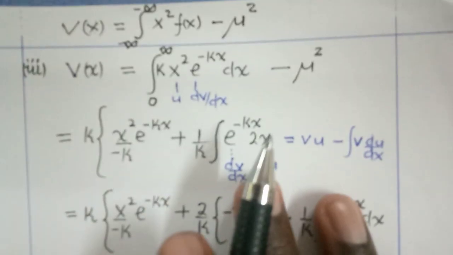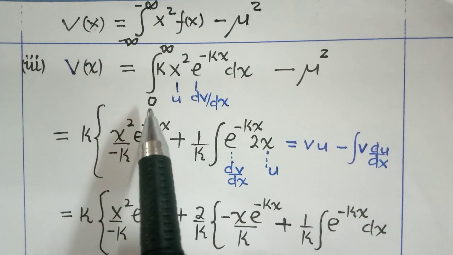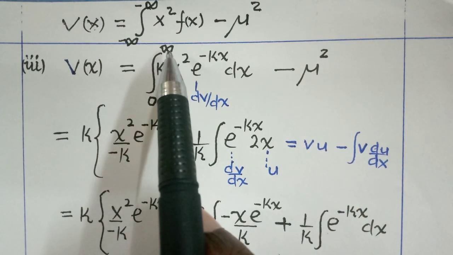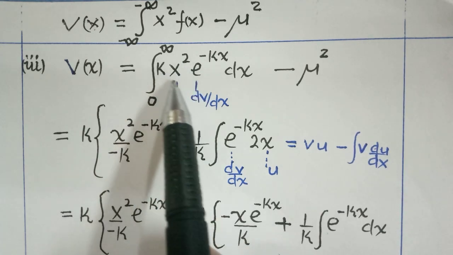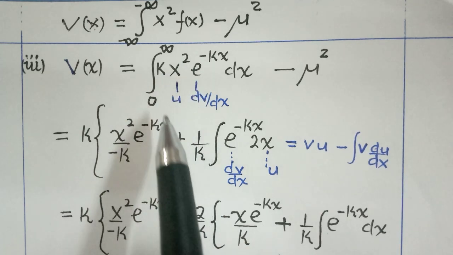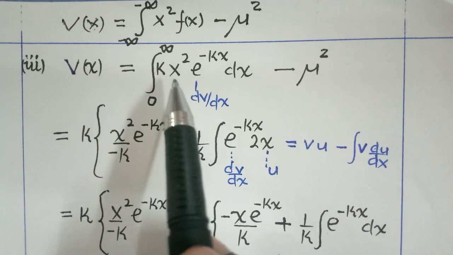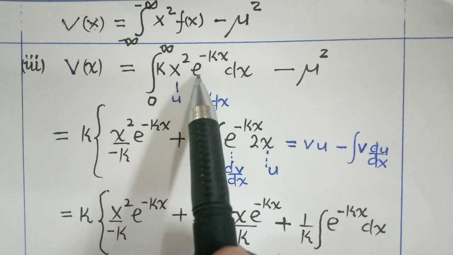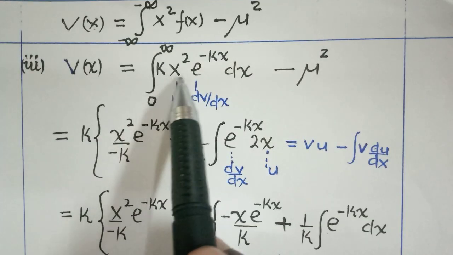That is the general formula. But now we have this from 0 to infinity, so we use this one. But now we put the x squared, which was not formerly there. Remember, formerly we had k multiplied by e raised to negative kx. So we have added this.